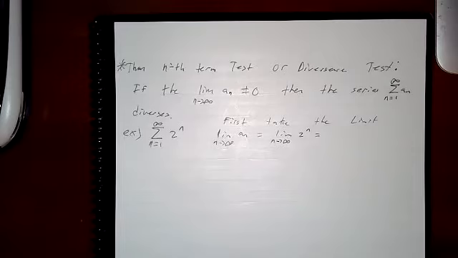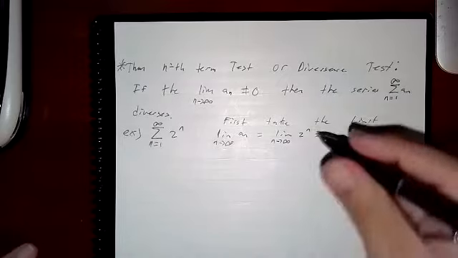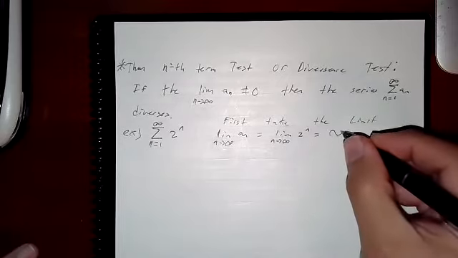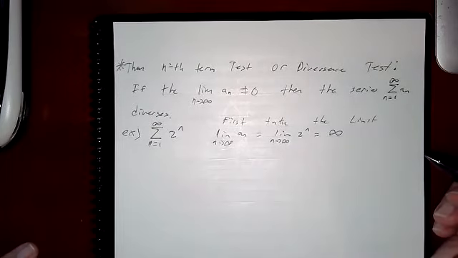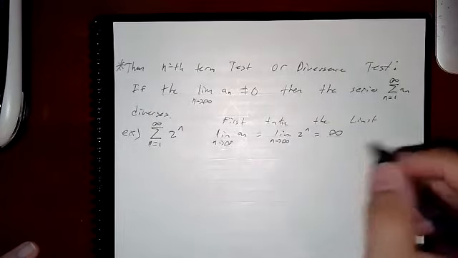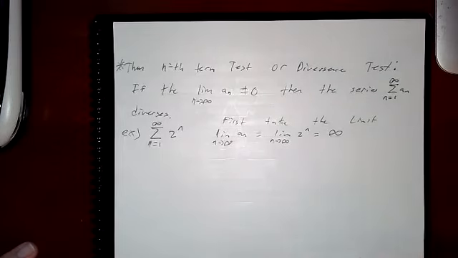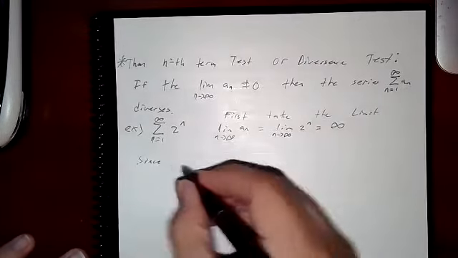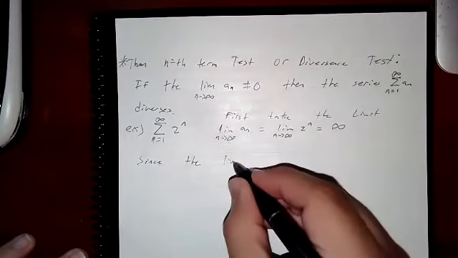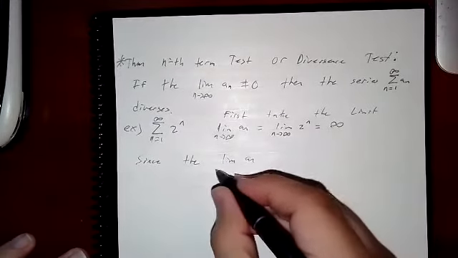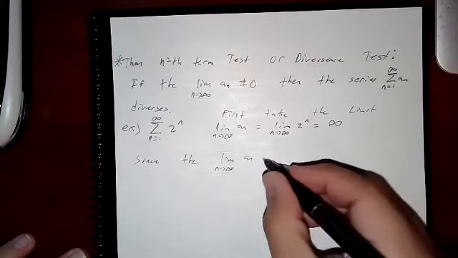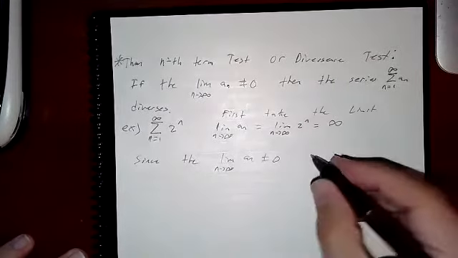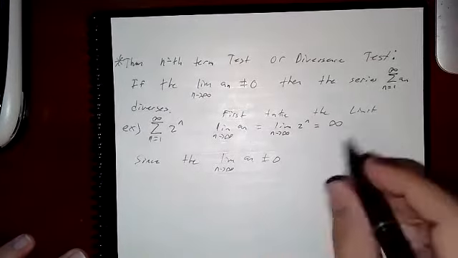There isn't. Yeah, there's no finite limit, right? But it is going to be infinity, right? You guys agree? Yes. So since the limit, this is how you answer the question, of a sub n is not equal to 0, obviously it's not 0, right?